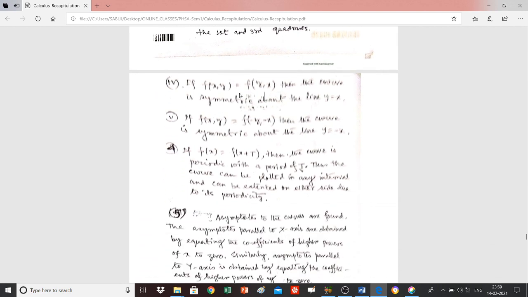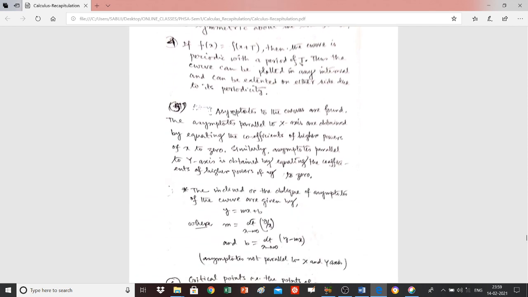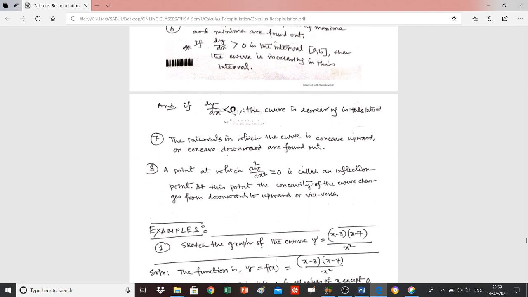These are the basic ideas we have to use in plotting a curve on a graph. You need not remember all these things; from the knowledge of only a few things, you can plot the curve on a graph.